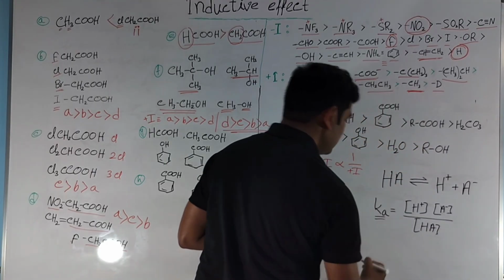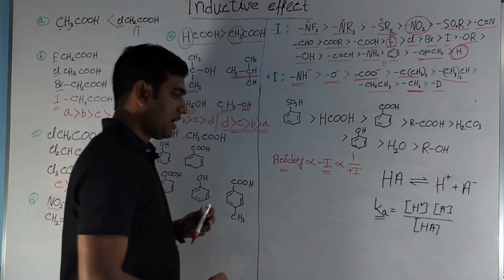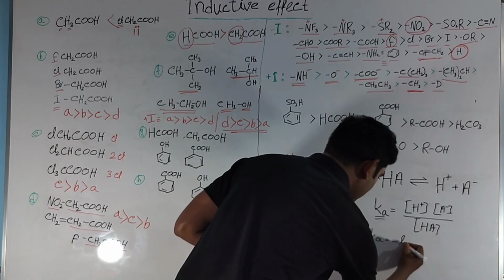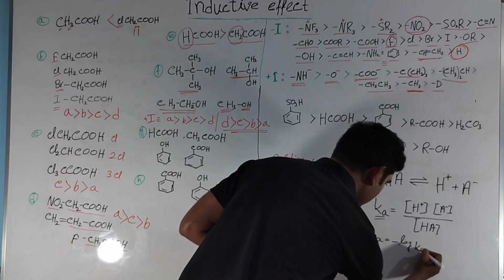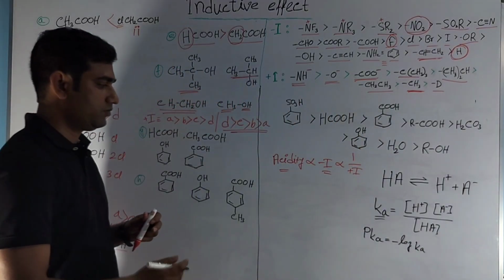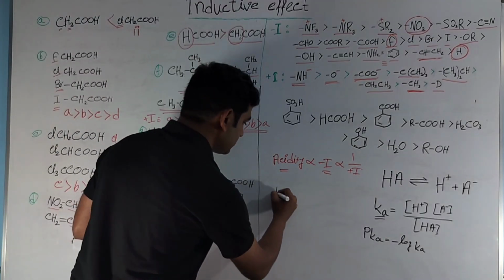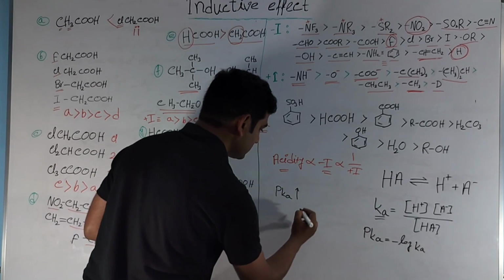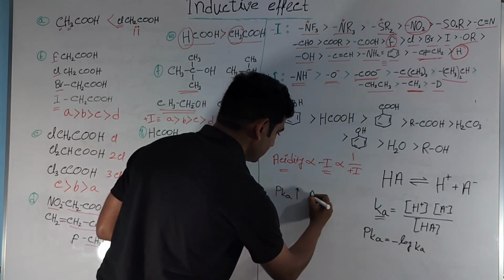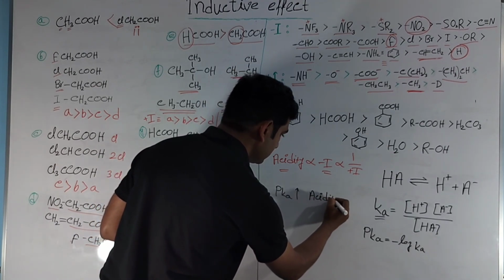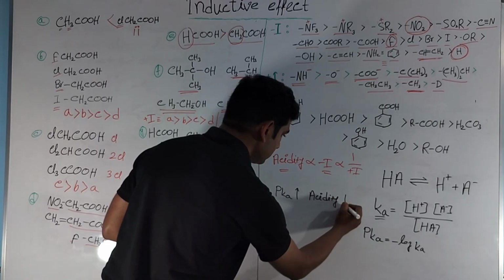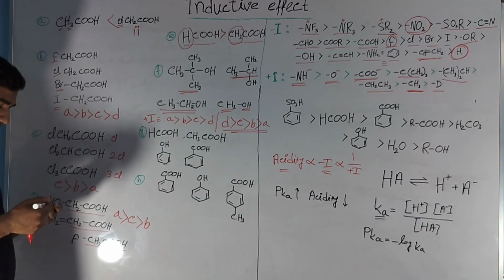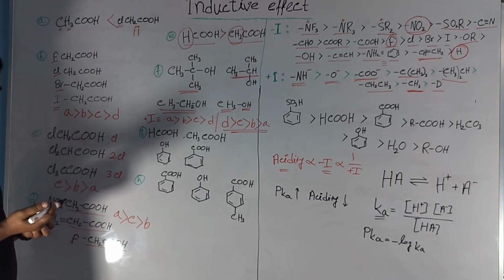This is the acid dissociation constant, and pKa equals minus log Ka. Once the pK value increases, acidity decreases. This is the experimental data.